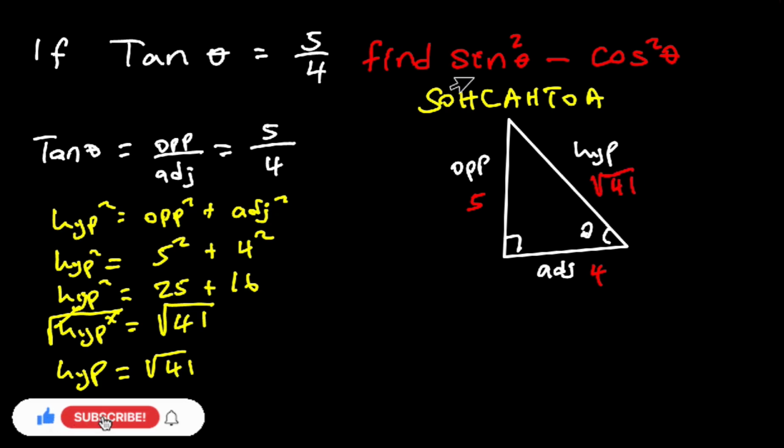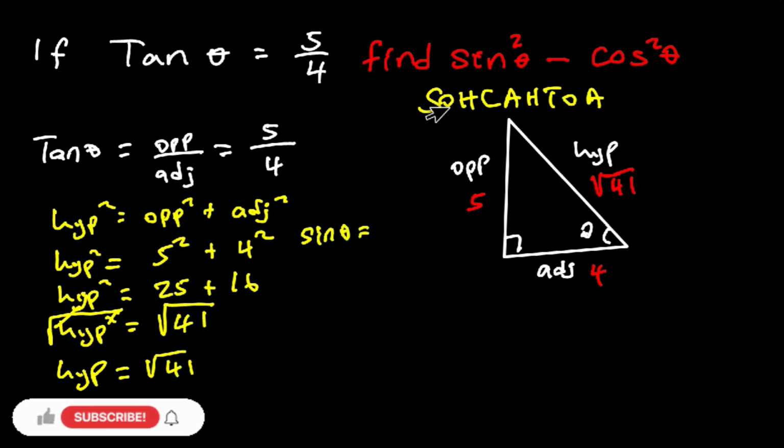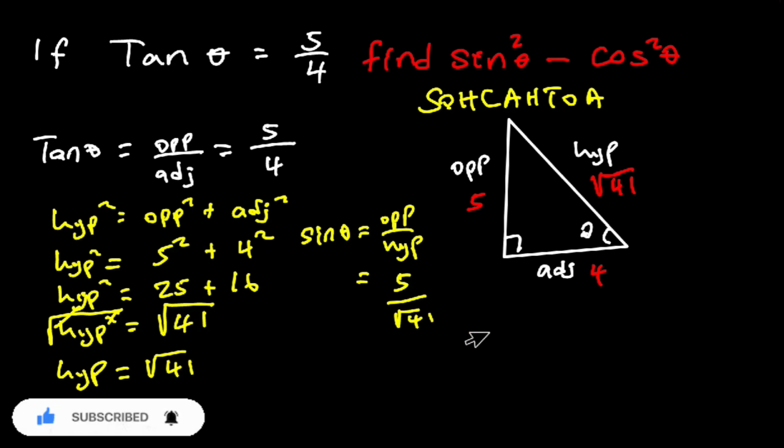Remember, I asked to find sin squared theta minus cos squared theta, and then we know that sin theta is equal to opposite over hypotenuse. We have opposite over hypotenuse, which is equal to, opposite here is 5 over hypotenuse is root 41, and then cos is adjacent over hypotenuse.